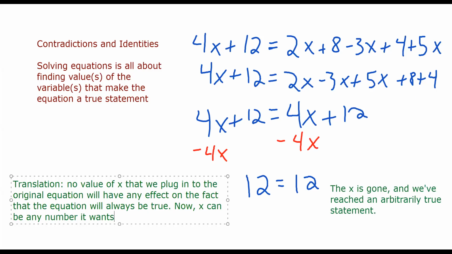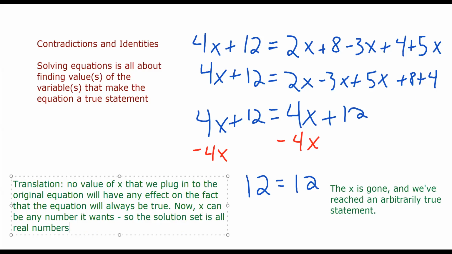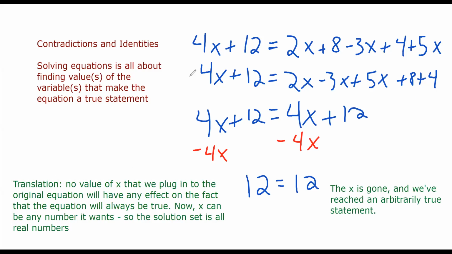So x can be any number at once. So the solution set is all real numbers. That's what we're going to say. Now, instead of having no possible solutions, there's infinitely many possible solutions. It turns on a dime just like that. And we'll use the real number symbol, usually, to represent that.